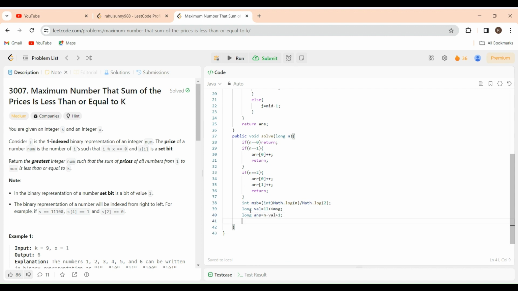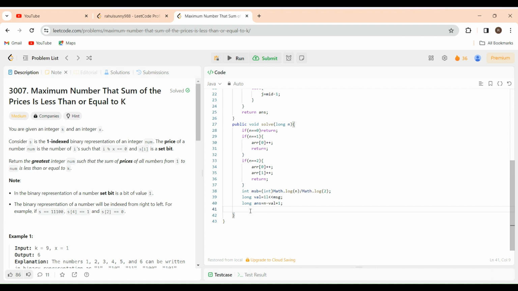This gives the number of set bits at the MSB index, right? We will just be incrementing that, equal to answer. And so int i equal to 0, i less than MSB.